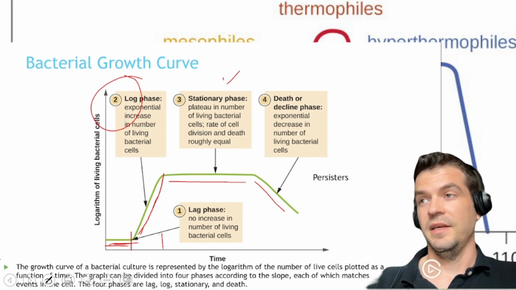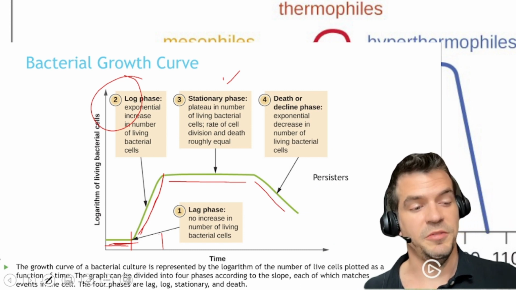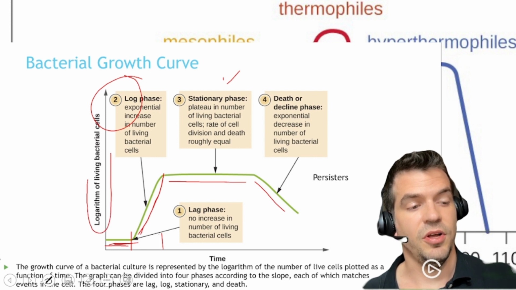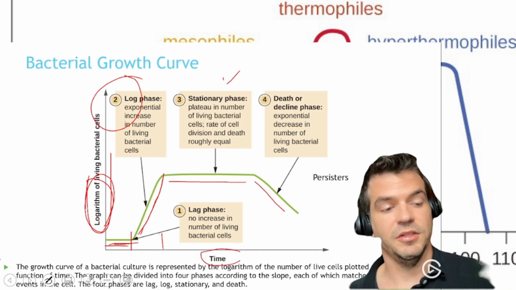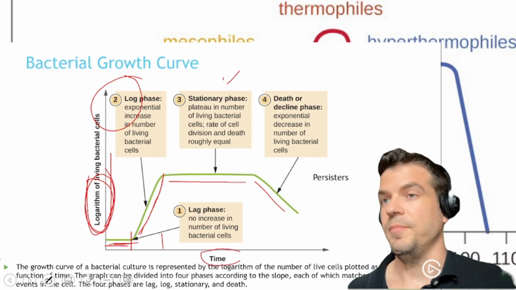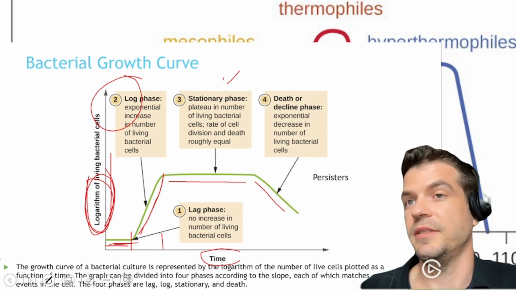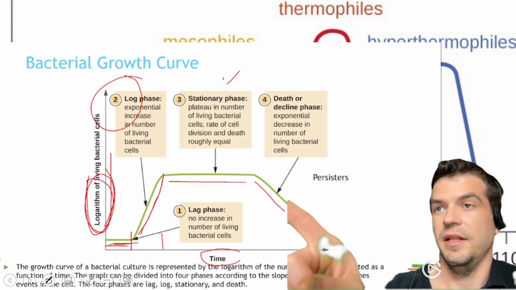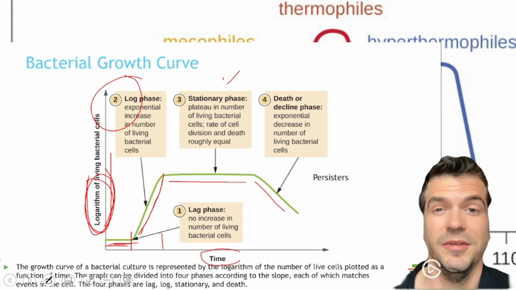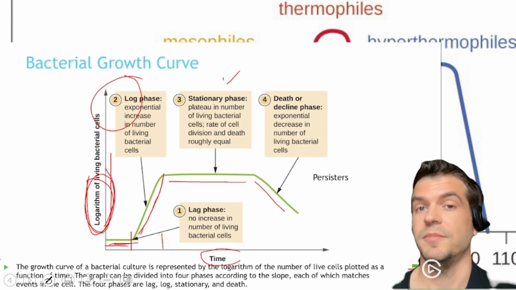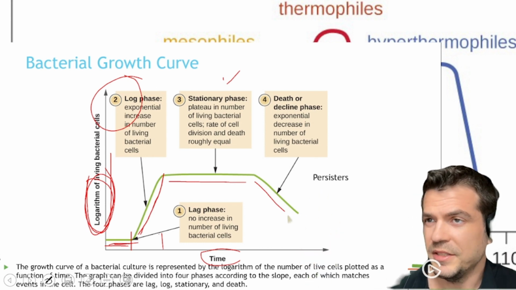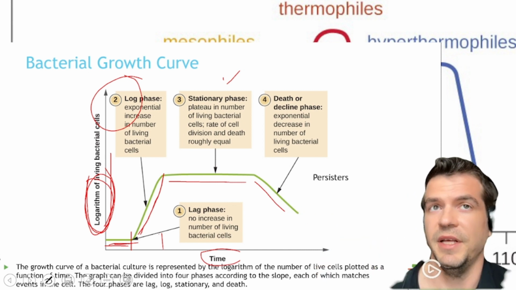How do I know it's exponential? Again, this is a log scale. Always got to look at your axes. If it's a log scale and you see something going up and down, that means it's going up and down really, really fast. Remember, 3 pH is 1,000 times more hydrogen ions, right? So this is the same kind of thing. It's going really quick. Death phase.